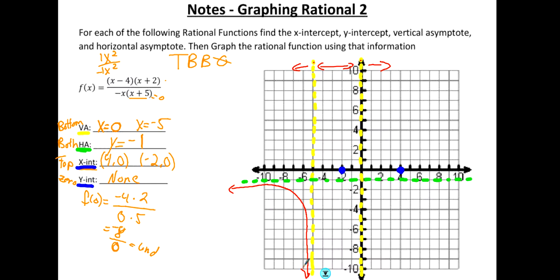Now, conversely, on the right side, I do have an x-intercept there, and I know that it crosses the x-axis there because the power is odd, and odd roots cross the x-axis. So it has to do this. Come down, cross, and then follow my asymptote. Because a function will always follow its asymptote.